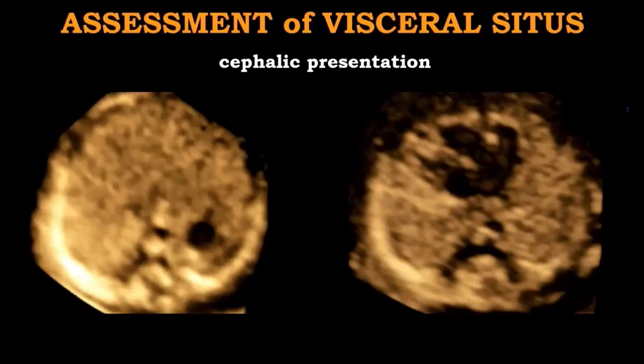So just looking at those two still frames retrieved from one sweep, we can suspect at the same time the major issue, the situs and the cardiac anomaly, because most of the situs abnormalities have abnormal cardiac anatomy along with that.